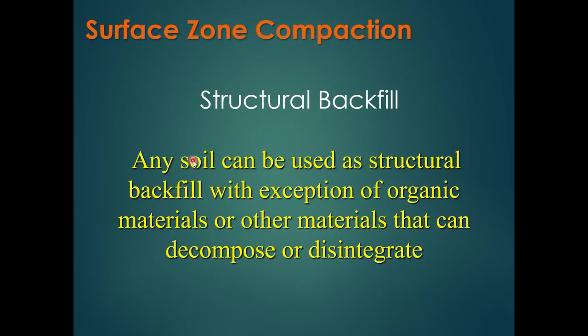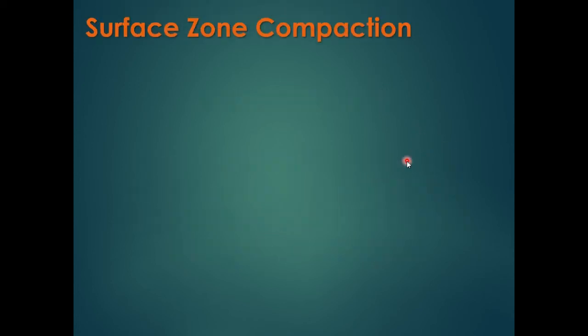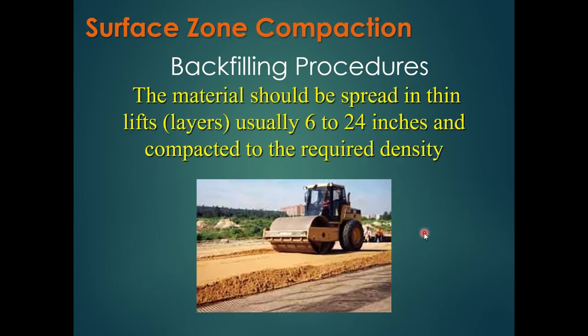All right, structural backfill. Any soil can be used as structural backfill with the exception of organic materials or other materials that can decompose or disintegrate. Okay, backfilling procedures. Materials should be spread in thin lifts, usually 6 to 12 inches, and compacted to required density.